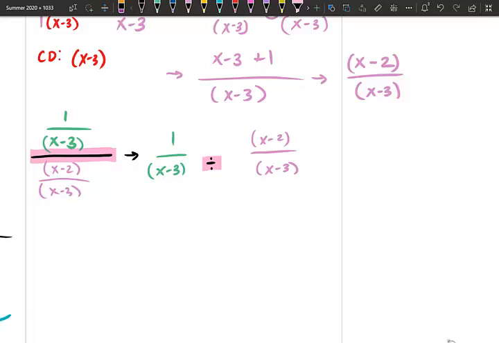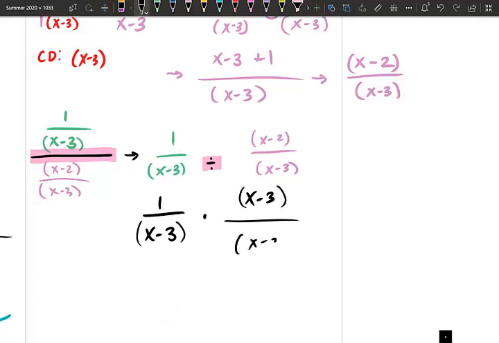Let's keep, change, flip. We keep the first one, we change the sign, and we flip the second one. Diagonally, here they have nothing in common. Here they have x minus 3 in common. So what we have left is 1 over x minus 2.